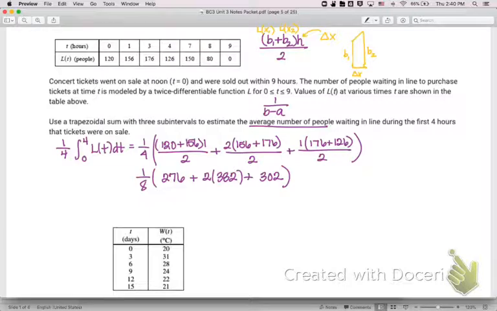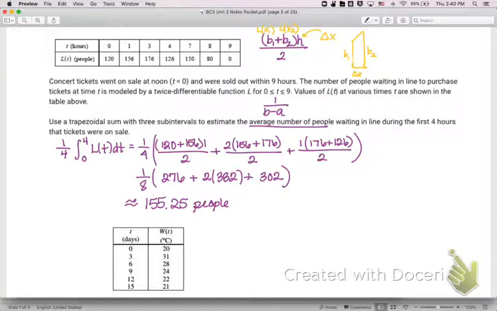And now we just need to add those up and divide by 8. And so the answer I get is 155.25 people. And it's just people, because remember, the integral of a rate is an amount. That's going to be the average number of people during the first 4 hours.